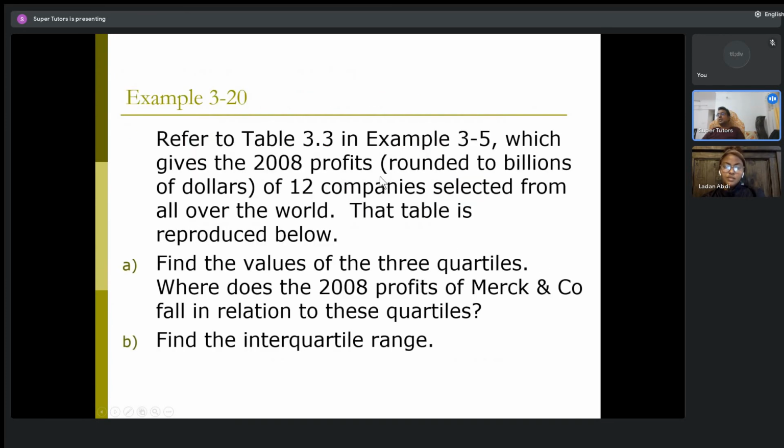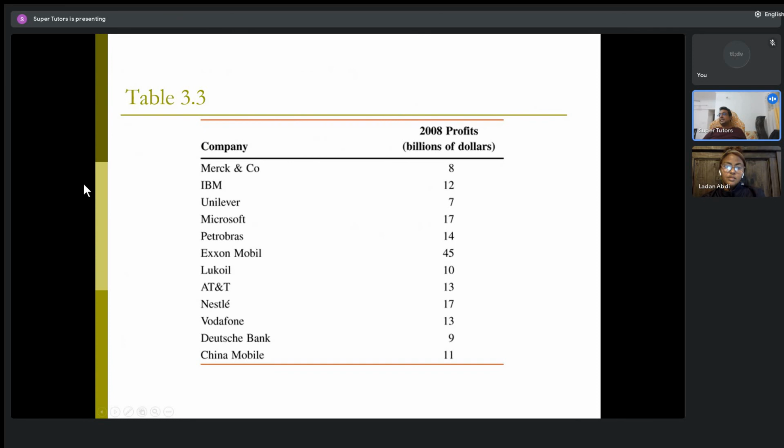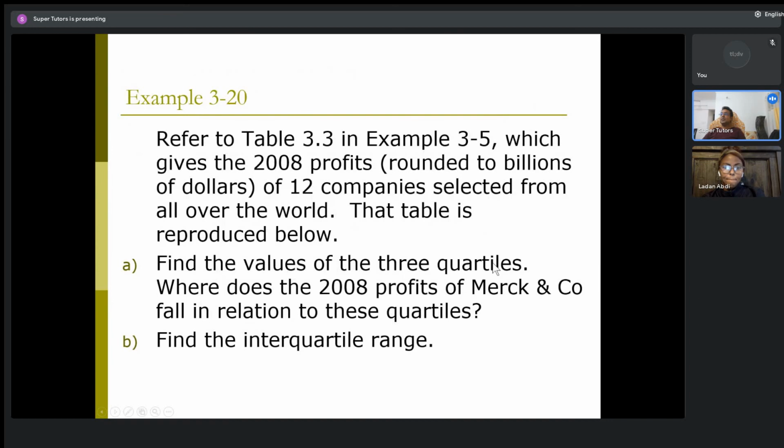So let's see an example and try to understand how we calculate the three quartiles. Do you remember this example we took earlier? 2008 profits of 12 different companies. The first question: find the value of the three quartiles. Where does the 2008 profit of Merck and Co fall in relation to these quartiles?